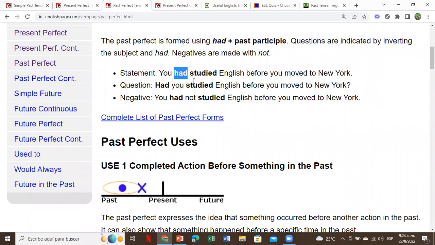No. Aquí estamos hablando de un pasado perfecto y usted tiene que seguirse de la fórmula. La fórmula me dice que el verbo auxiliar tiene que estar en pasado y que el siguiente verbo que le procede tiene que estar en pasado participio. Aunque usted ve aquí que la oración está con el verbo en pasado, como estamos hablando de un pasado perfecto, el verbo tiene que caer siempre en participio también.